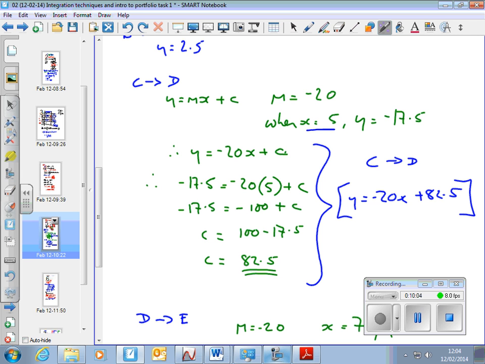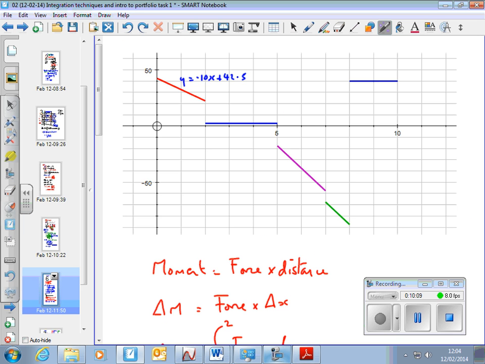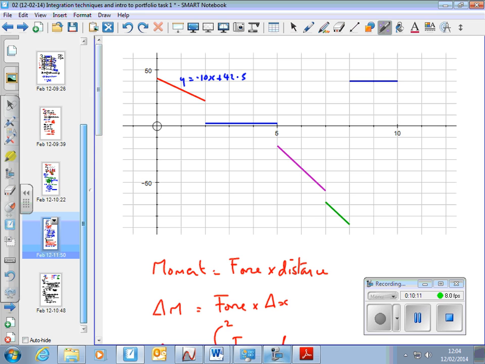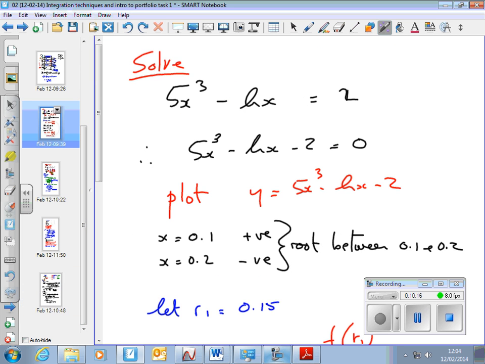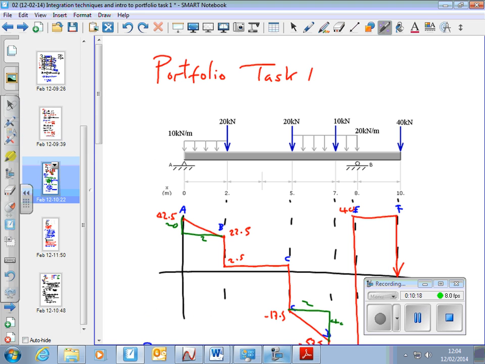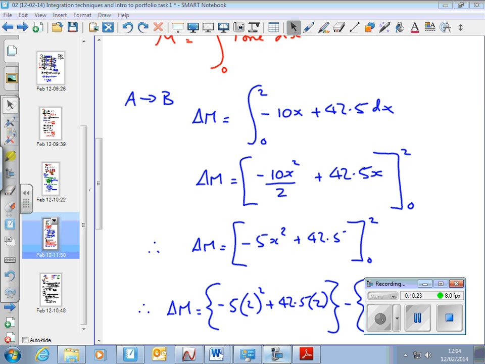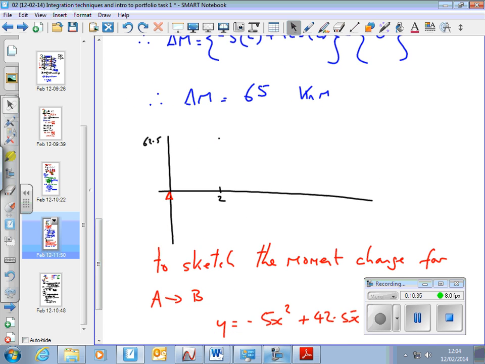It's going to take a little bit of thought, because when I integrate, let's go back to this one we've just done, I knew that the moment started at 0. So delta M started at 0 and went to 2, and when I plotted it on the diagram, it started at 0 and went up to 65.